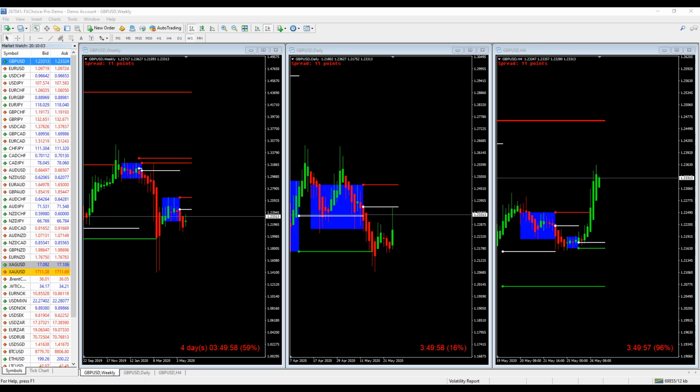I don't really like to feature the weekly time frame too much on the volatility report, because you've got to remember, if you're getting a breakout on the weekly, it could take 2, 3, 4, 5 weeks for it to really start moving. The move is coming, it's for sure coming. But we have a lot of traders who are typically trading in and out of the London, New York sessions mostly.